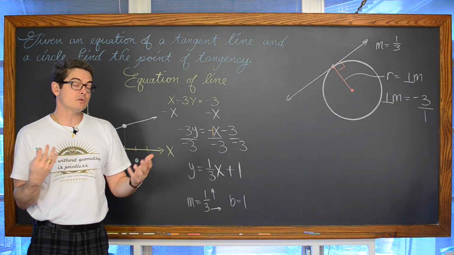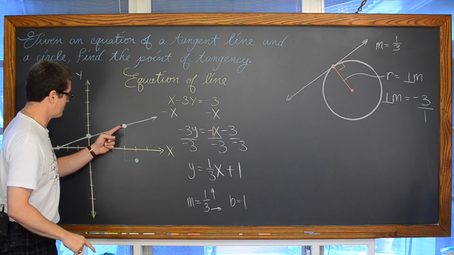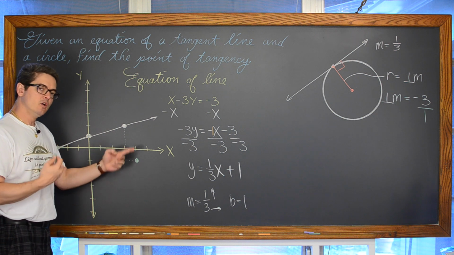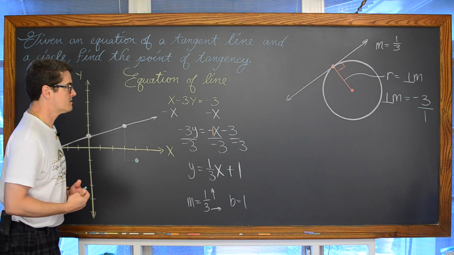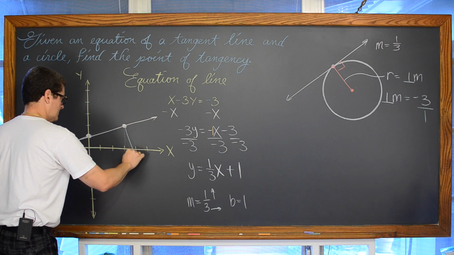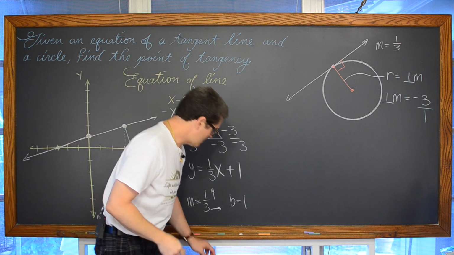To graph a line or to come up with an equation of a line, the minimum requirements are to have a point and a slope. You graph the point the line goes through first, and then from there you do some kind of movement directed by the slope, and you just draw a line through the 2 points. Now I'm not drawing a line, I'm drawing a line segment because that's going to be the radius of our circle.